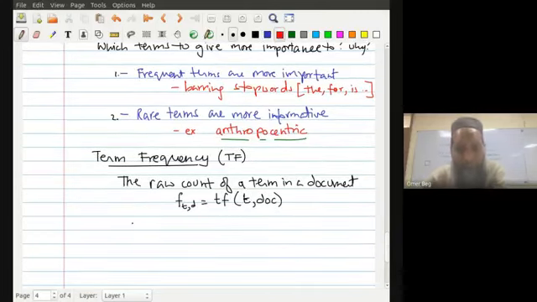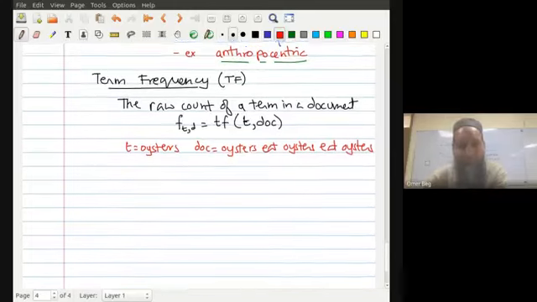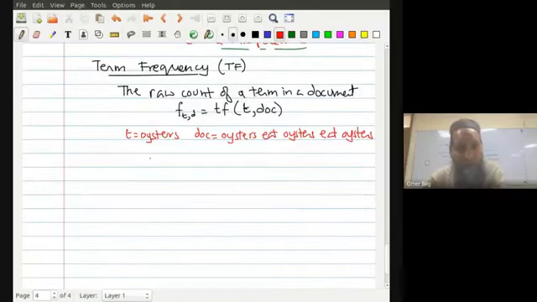So let me give you an example. Let's say you have a term, oysters, and you have a document, "oysters eat oysters." Okay, let's say this is the simple document you have, and you have one term.